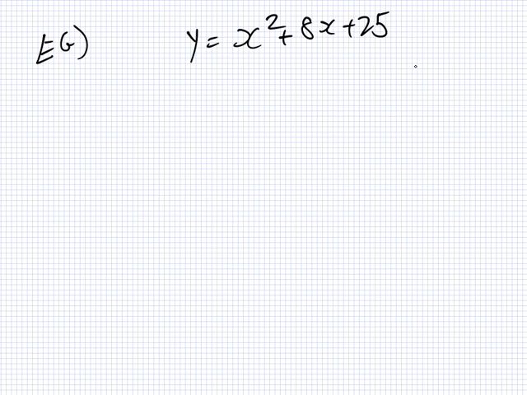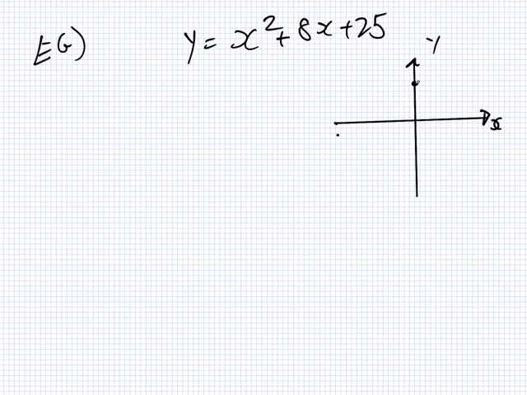So straight away, where does it cross on the y-axis? At 25. So I'll just mark here 25. Okay. Now let's solve. x squared plus 8x plus 25 equals 0.